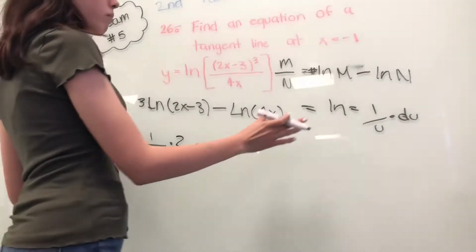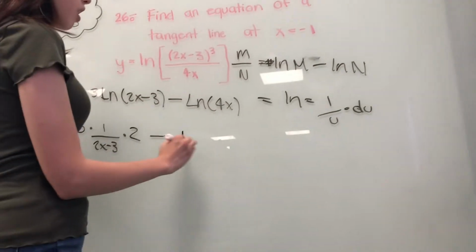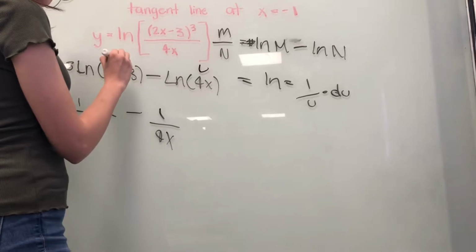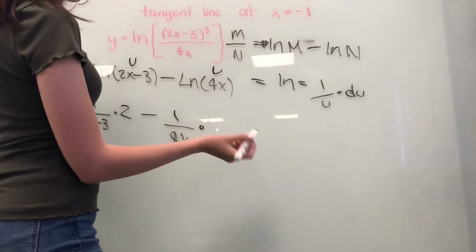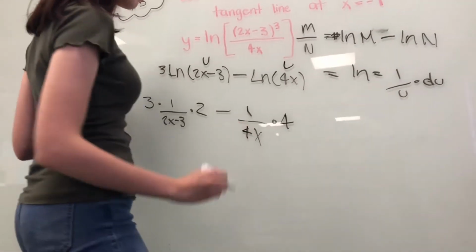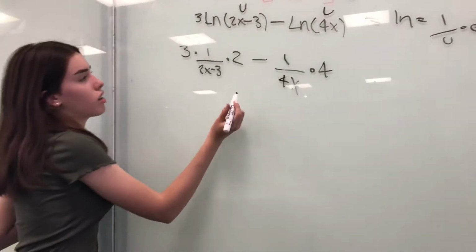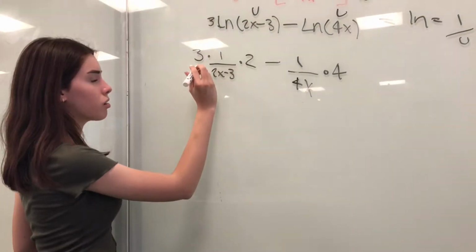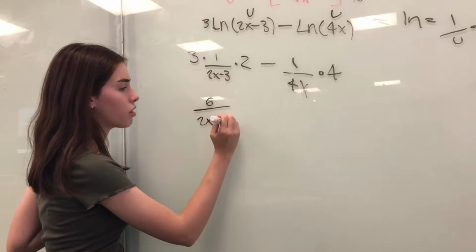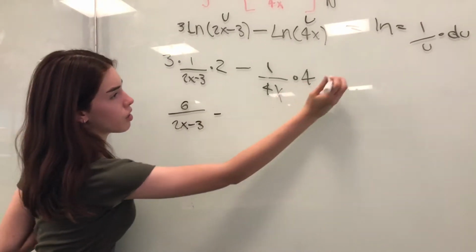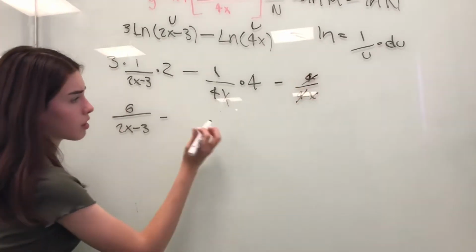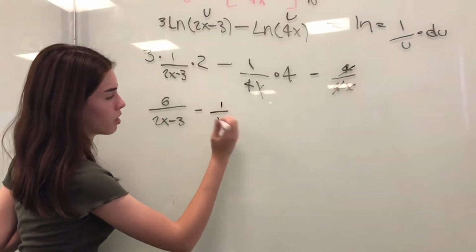Minus, we're also going to do it again, 1 over 4x, which is my u, multiplied by the derivative of my u. We're going to start multiplying. 3 times 2 is 6 over 2x minus 3, minus 4 over 4x. We eliminate this, so it goes 1 over x.